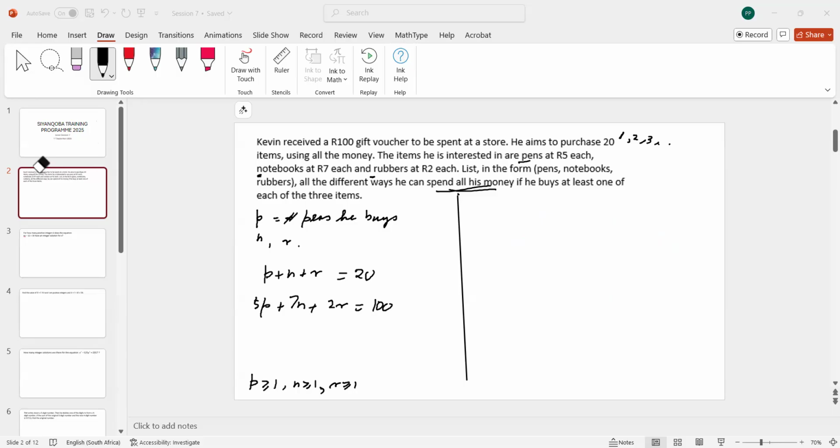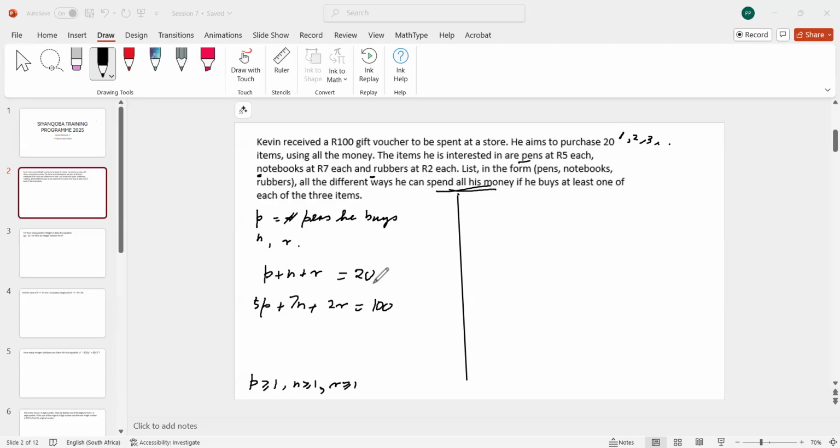Like in this case here, you can multiply this by 7 if you like, and then you'll have 7n. If you multiply this by 7 right throughout, then you can subtract and the 7n's will cancel. Or you can multiply by 2 and then subtract and the r's will cancel.